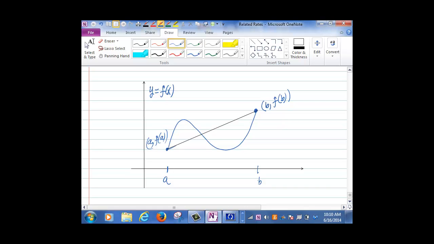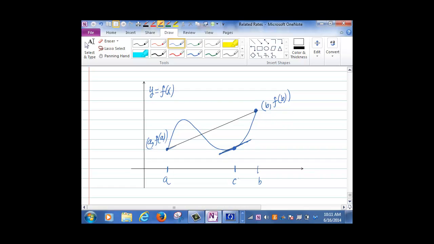What we are saying then, there is an instant in time. There is a point here somewhere where the tangent line, that's a bad graph, but okay. So what we are saying is that there is a point C where the slope of the tangent is the same as the slope of this line, okay?